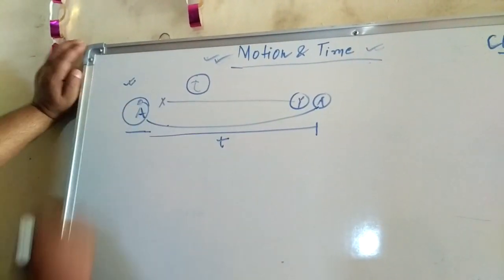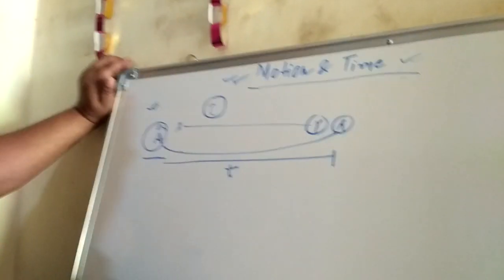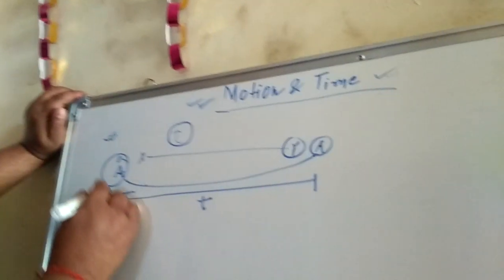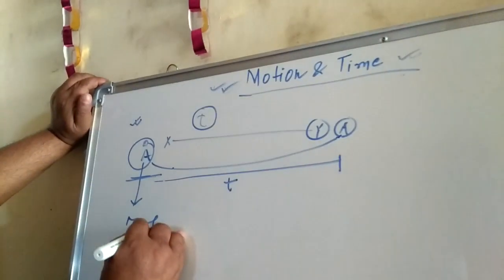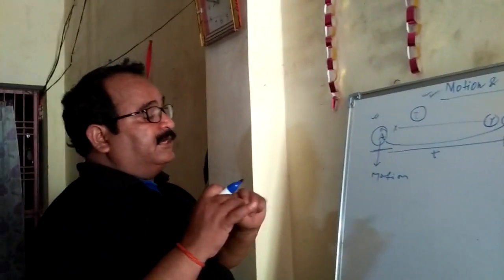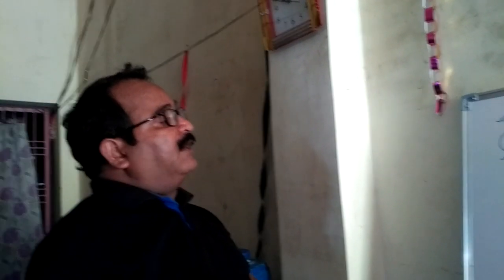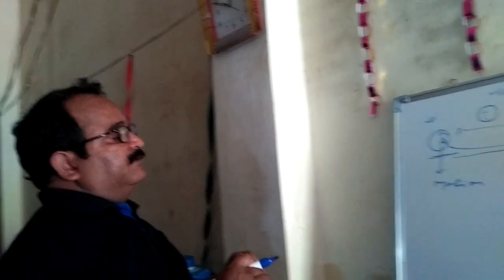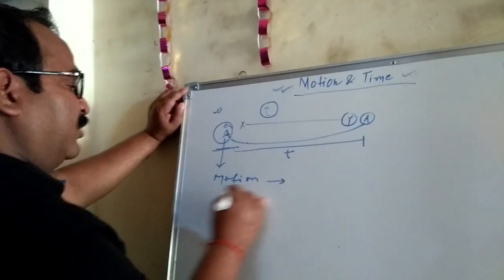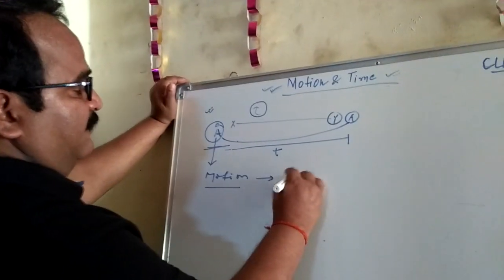If any body or object in our surroundings does the same, then we say that the body is in motion. So I can define motion as a state of the body in which the body changes its place from one point to another point after time t. That type of body is in motion.